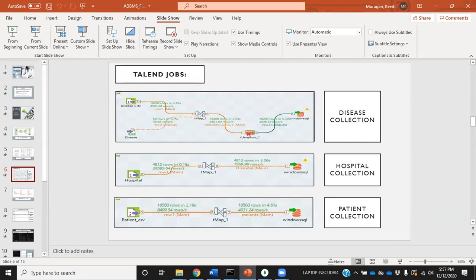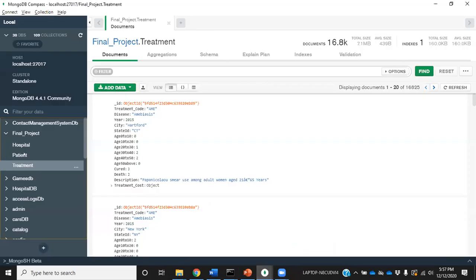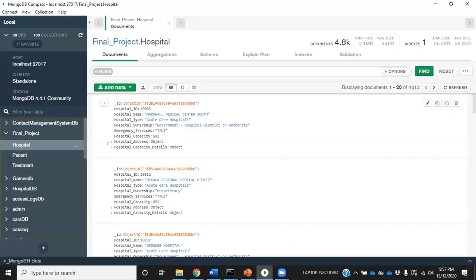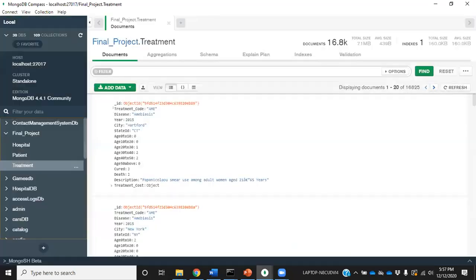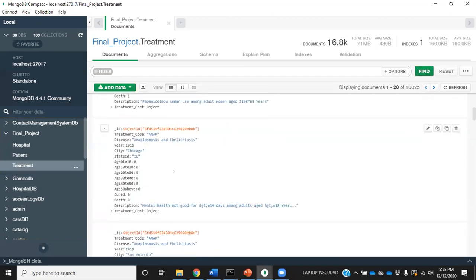We wanted the collection to have all the fields. So while doing the lookup, we got the treatment code, the disease, and the description from the disease CSV. That's the reason we did a lookup between these two CSVs.